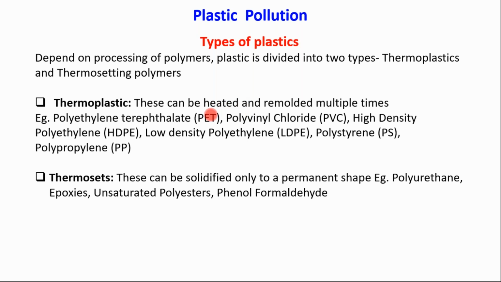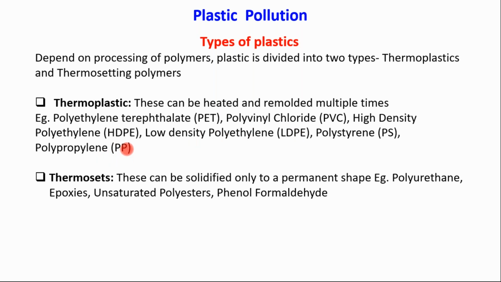Say for example, PET bottles or PET material. PET means polyethylene terephthalate. PVC, that is polyvinyl chloride. HDPE, that is high density polyethylene. LDPE, that is low density polyethylene. PS, that is polystyrene, and PP, polypropylene.